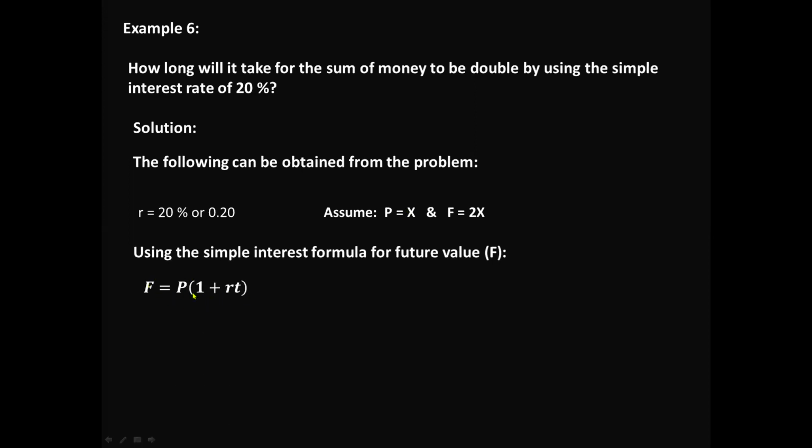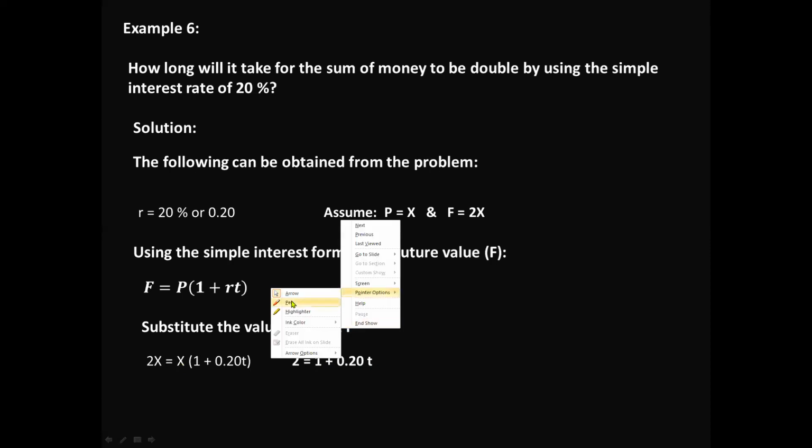Okay? So substitution. Substitute the value of R, P, and F. 2x equals x, 1 plus 0.20, then time. So dahil parehong may x ang left and right, yung parehong x yan will be cancelled. So 2 is equals to 1 plus 0.20 of time.